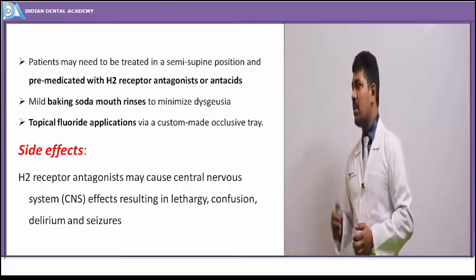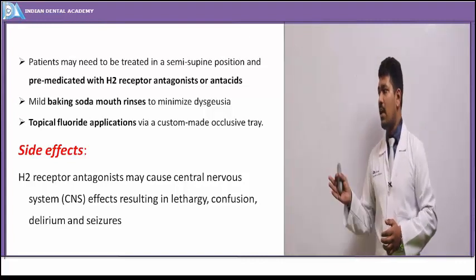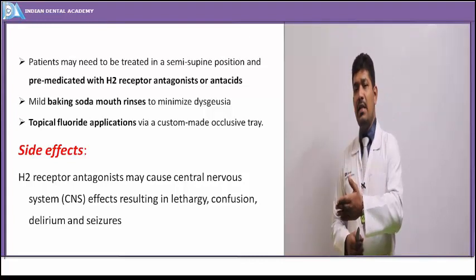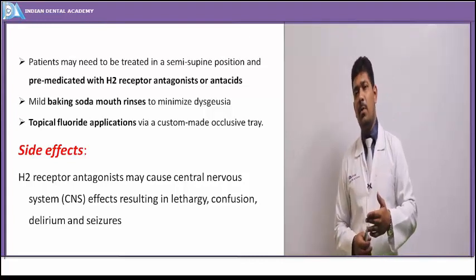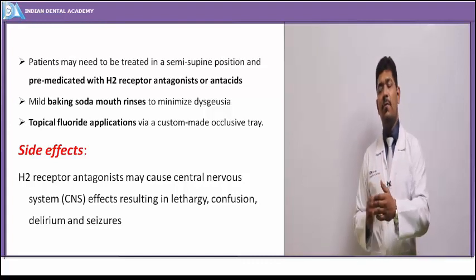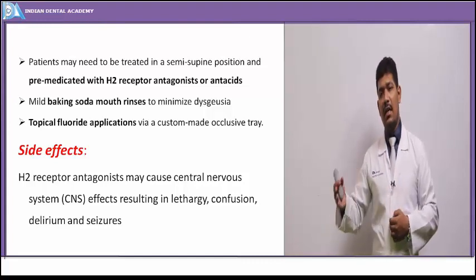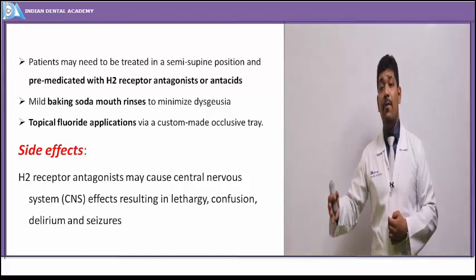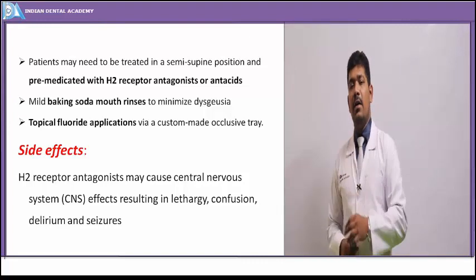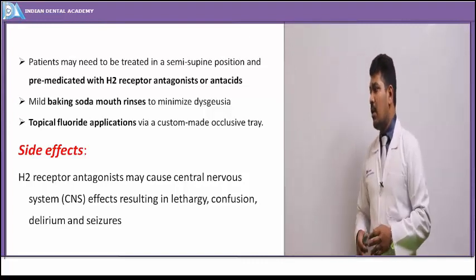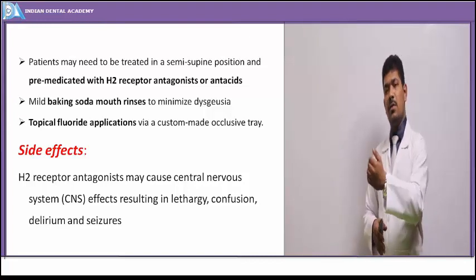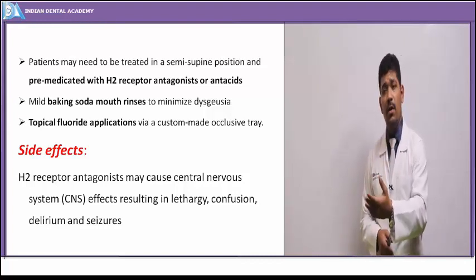But because of these H2 receptor antagonists or antacids, there is a chance of the person developing xerostomia, and the further complications of xerostomia, and these particular effects of xerostomia have to be counteracted while treating GERD patients.